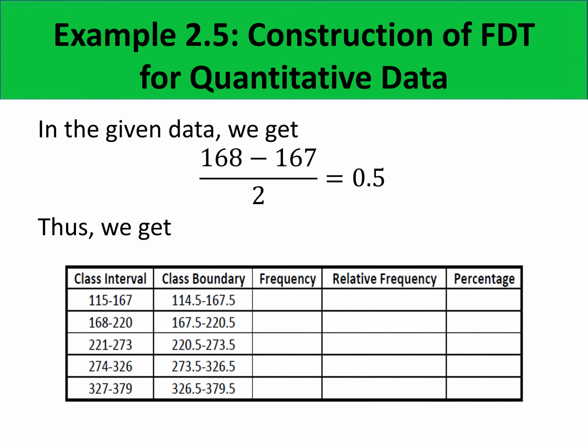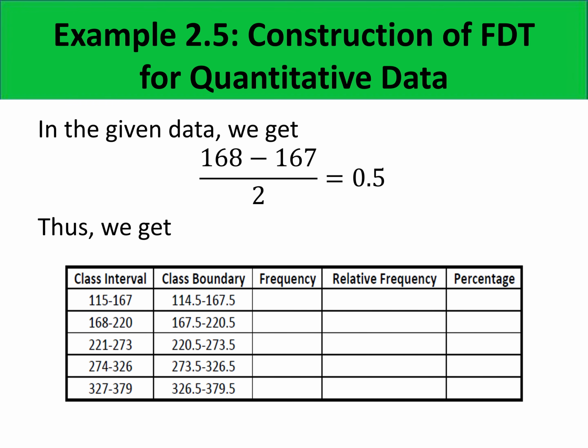This gives us 0.5. This number 0.5 must be subtracted from all the lower limits to obtain all the lower class boundaries. So we have 115 minus 0.5 equals 114.5. 168 minus 0.5 equals 167.5, and so on.